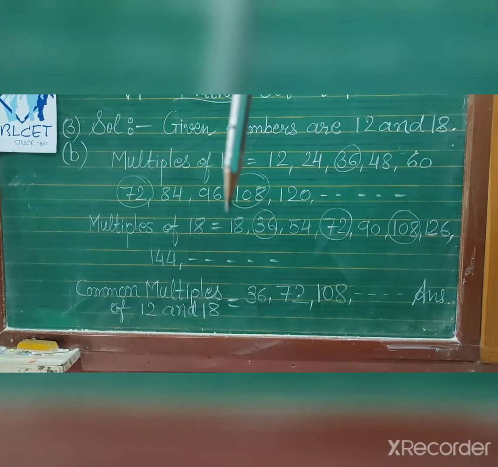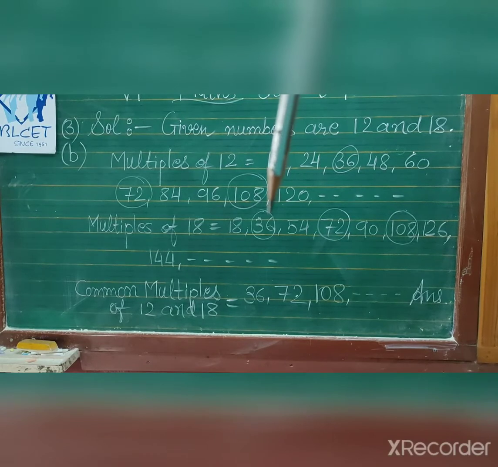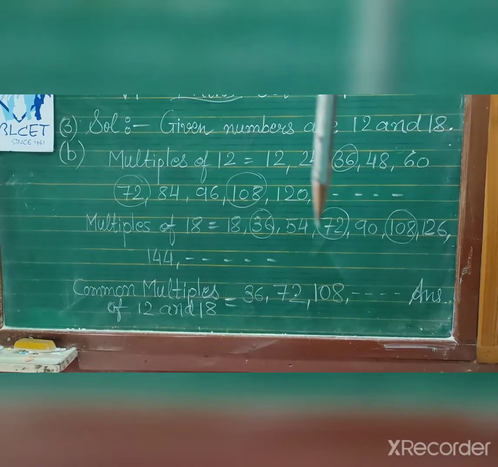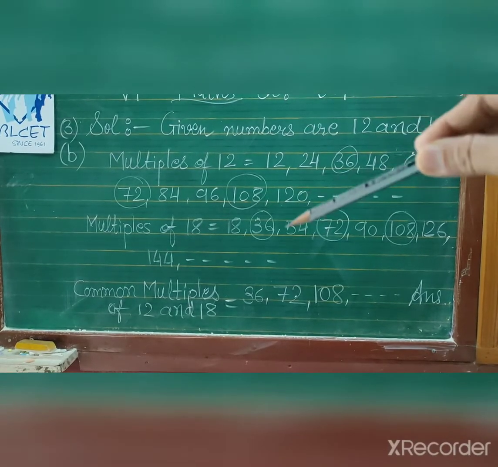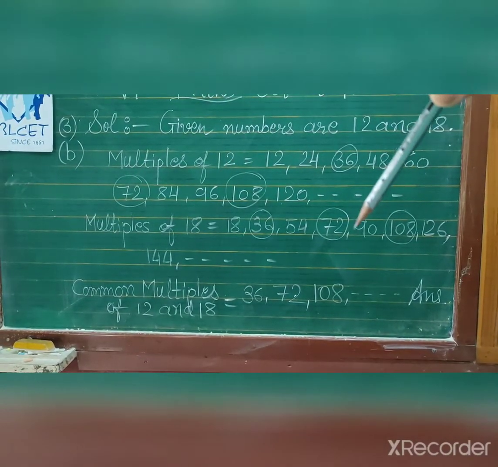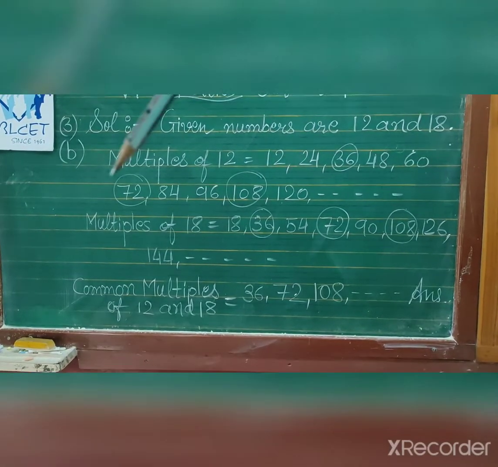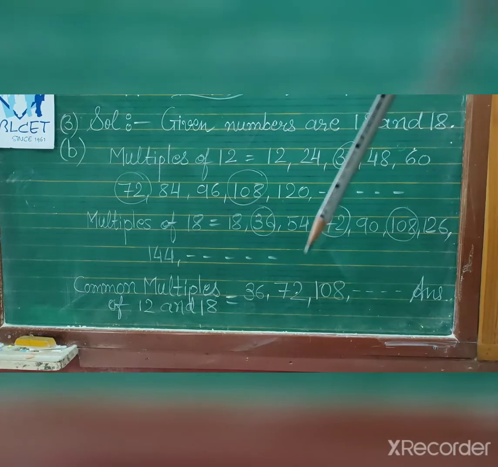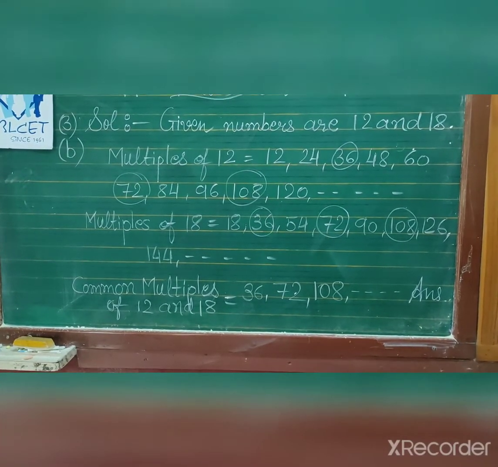Multiples of 18: 18 ones are 18, 18 2s are 36, 18 3s are 54, and so on. Now common multiples: you can see 36 is the first, then 72, 108. So common multiples of 12 and 18 are 36, 72, 108 and so on.